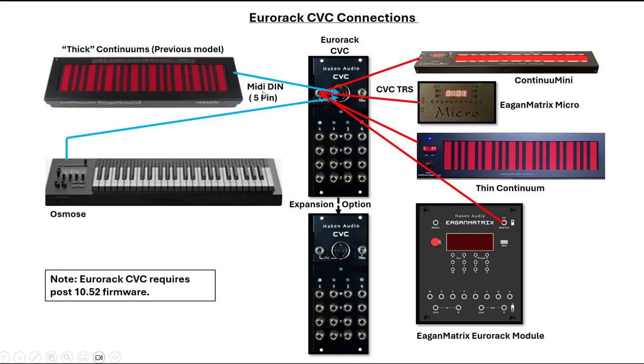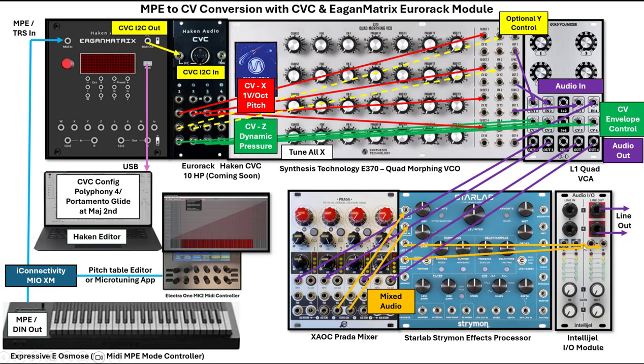This has to be full 5-pin because the 2 unused pins in the MIDI connector are what are used to transmit the I2C data the CVC needs to operate. And just like the older unit, if you want, once you send your MIDI data, you can pass it through as well. So let's take a look at a setup.